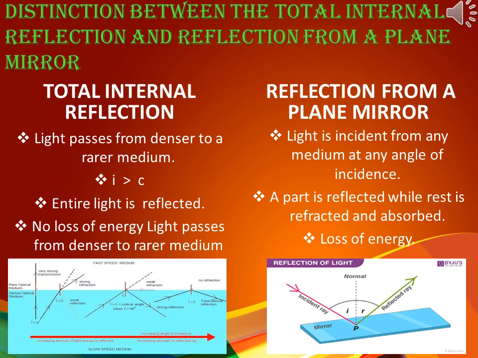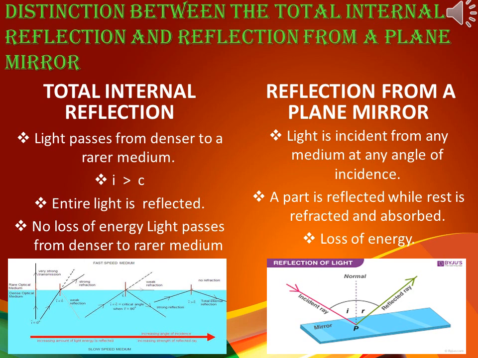Distinction between the total internal reflection and reflection from a plane mirror. First, total internal reflection takes place only when light passes from a denser medium to a rarer medium at an angle of incidence greater than the critical angle for that pair of media.